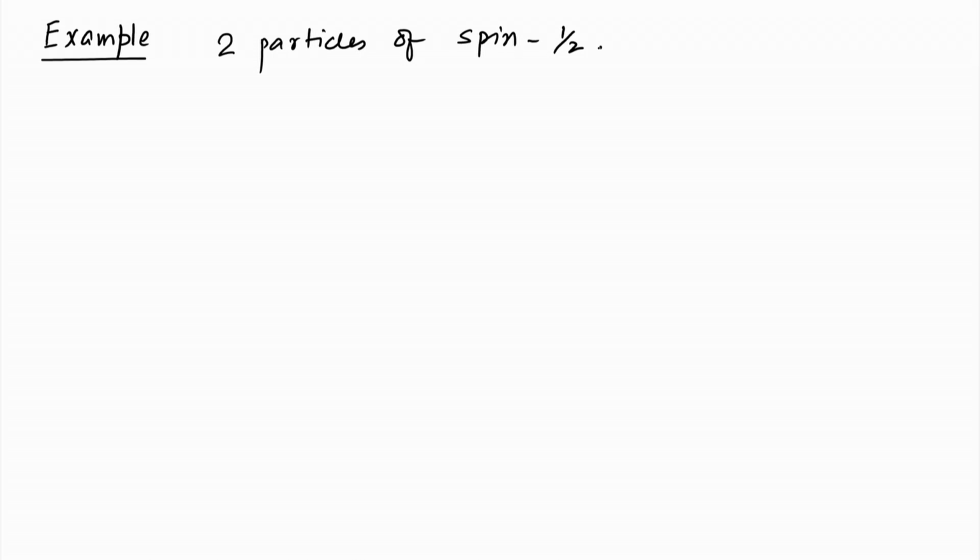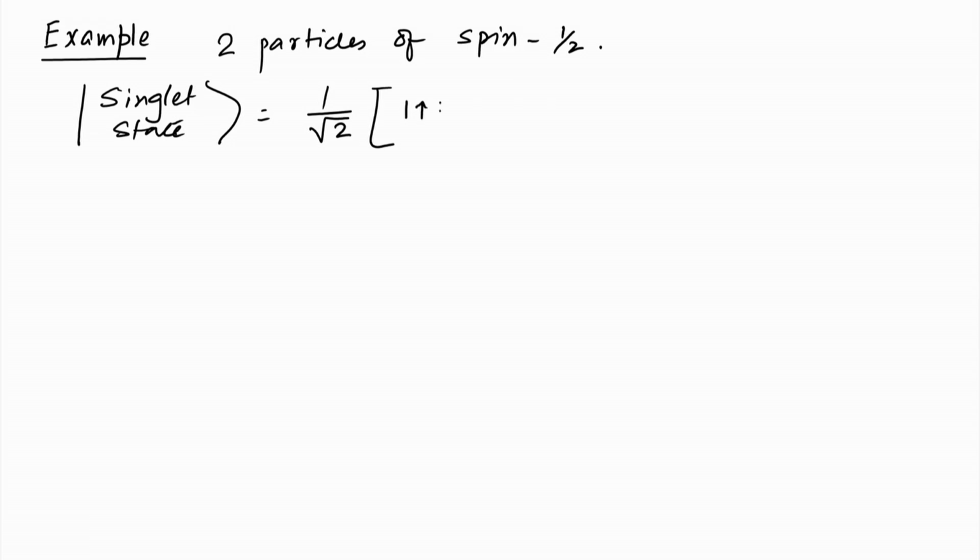I am sure you have read in quantum mechanics or atomic physics that when you have two particles of spin half, the Hilbert space is 4-dimensional.